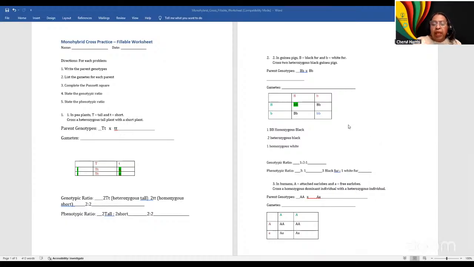All right, and then we have to read this. One box has a big B, big B. That's homozygous, because they're the same. Homozygous black. There are two of them that are heterozygous black. And then the last box is homozygous white.